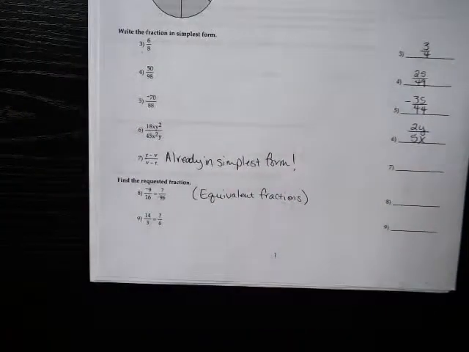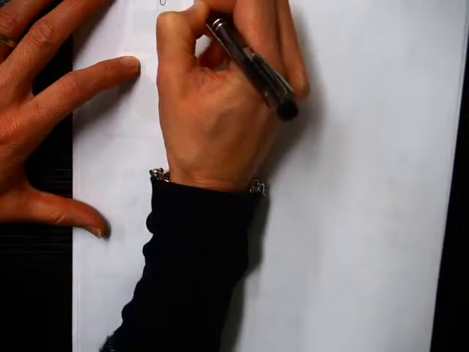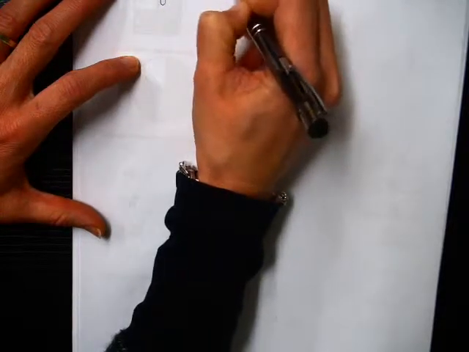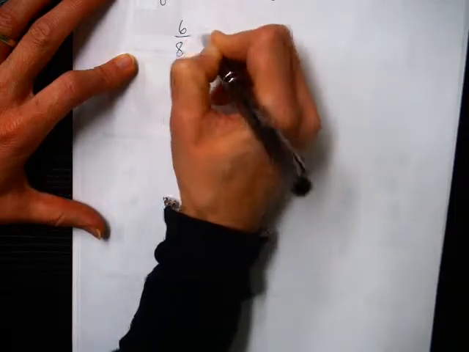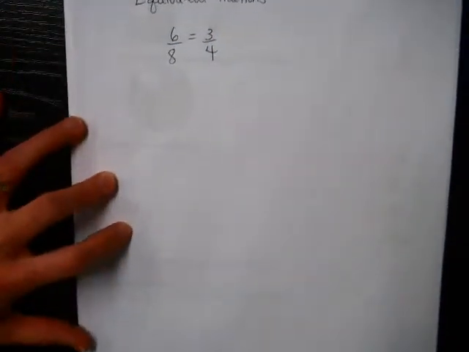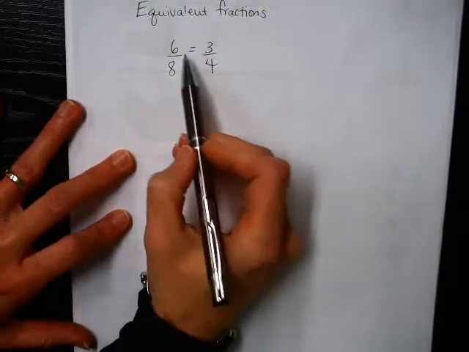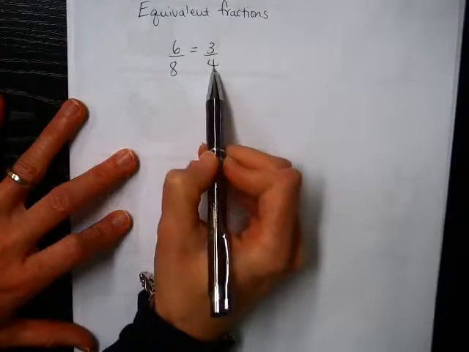Okay, so let's come to the side from our sheet a minute and talk about what makes two fractions equivalent. So a good example we've already looked at is 6/8 equals 3/4. Okay, and because 6/8 reduces to 3/4, we know these are equivalent.